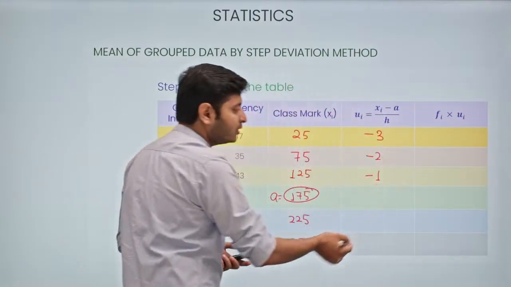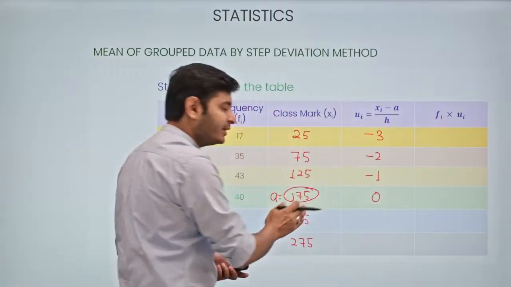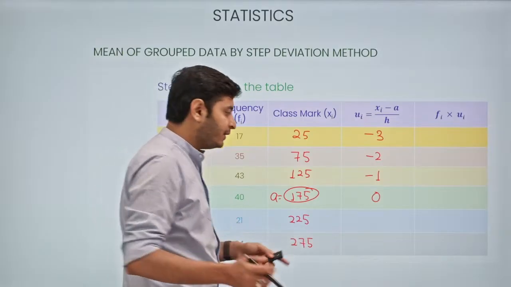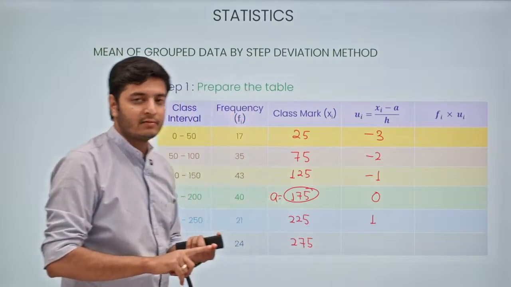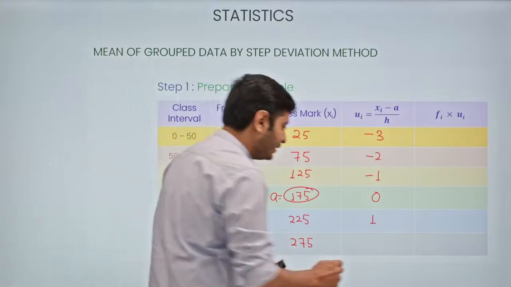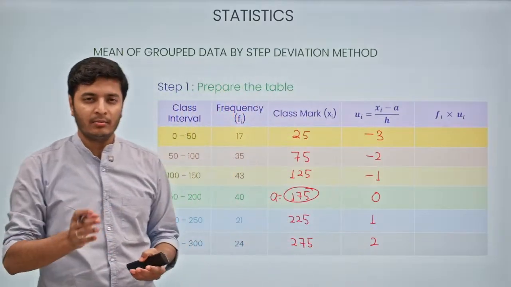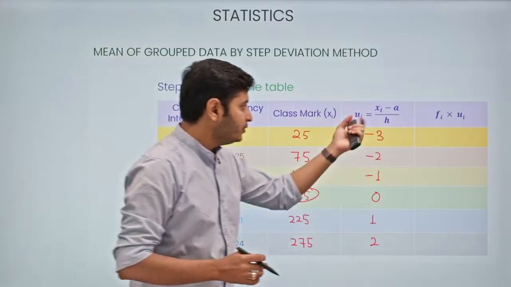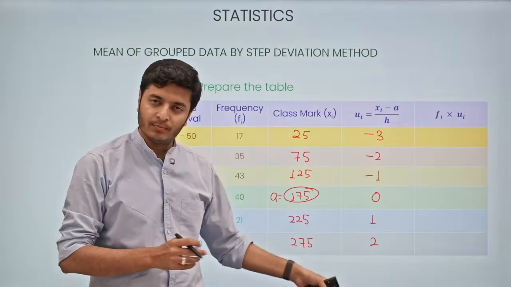So usually it is gonna follow a certain pattern. Now then 0, because 175 minus 175. 225 minus 175 is 50, by 50, 1. 275 minus 175, 100 divided by 50, 2. So usually it is gonna follow a certain pattern most of the time in a particular AP. Now here you can see the values are very small: -3, -2, -1, 0, 1 and 2, correct?